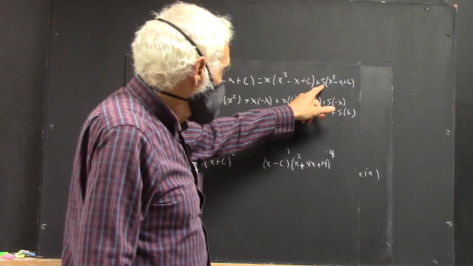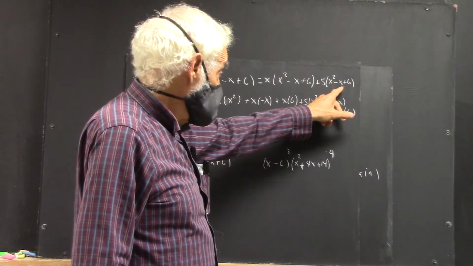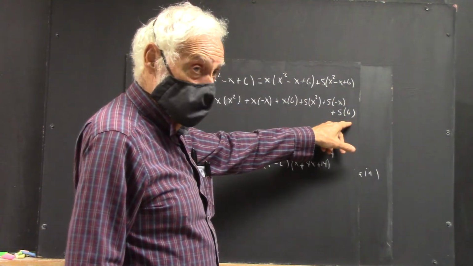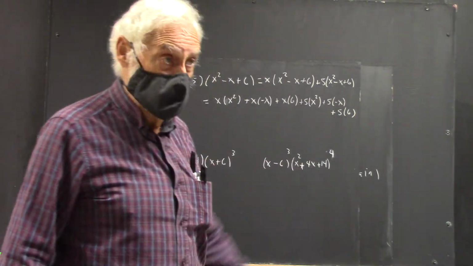Notice I've got a plus 5 here, and I'm going to write it out as plus 5 times this, plus 5 times this, plus 5 times this. Then the negatives will take care of themselves in the next step.